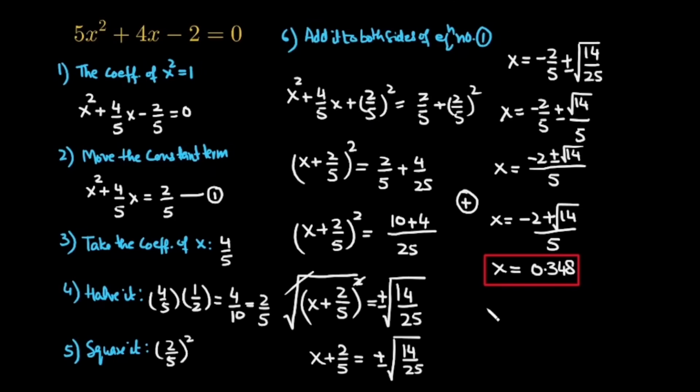Now considering the negative sign, x is equal to minus 2 minus square root of 14 over 5. So x is equal to minus 1.148. So this is my second answer.